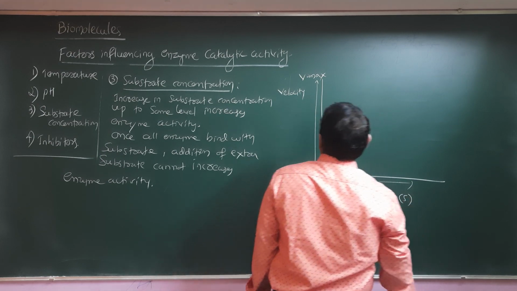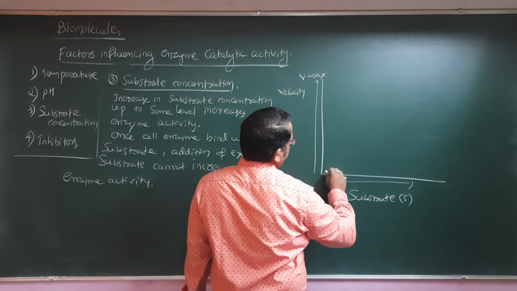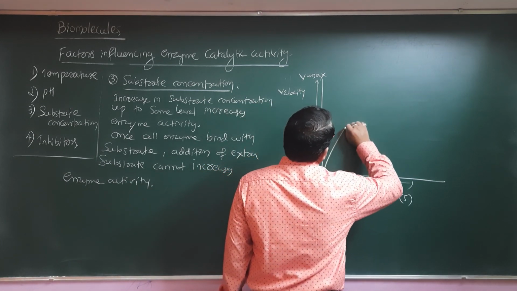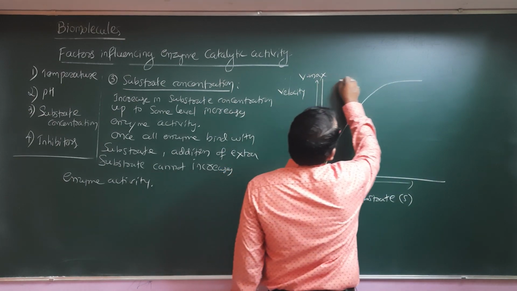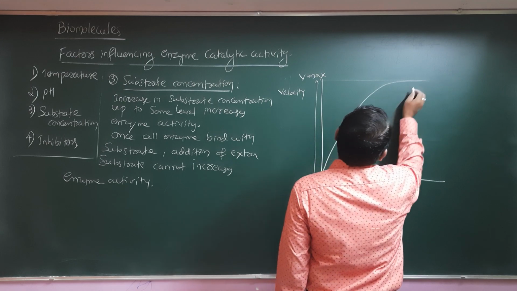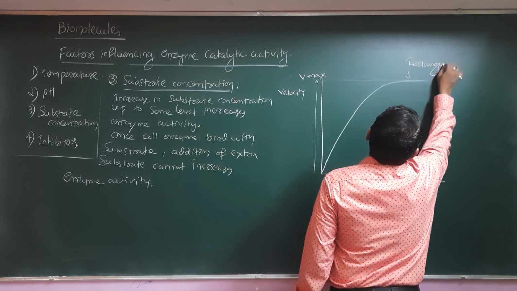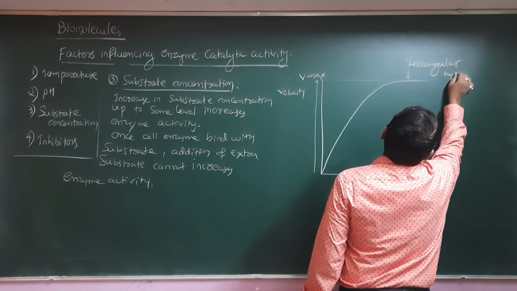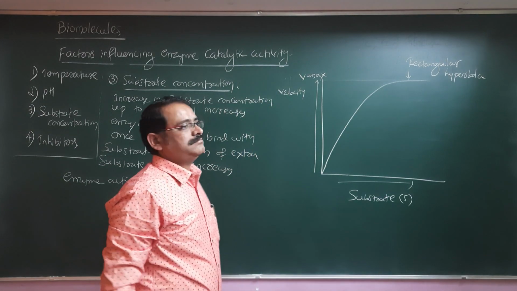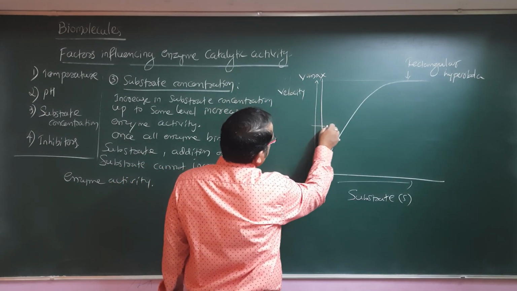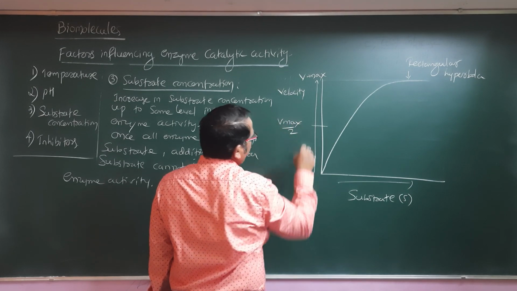So what happens as we keep on adding the substrate: the enzyme activity keeps increasing, but it becomes a rectangular hyperbola. Once it attains the Vmax value, it has reached Vmax, and half of this we call Vmax by 2.